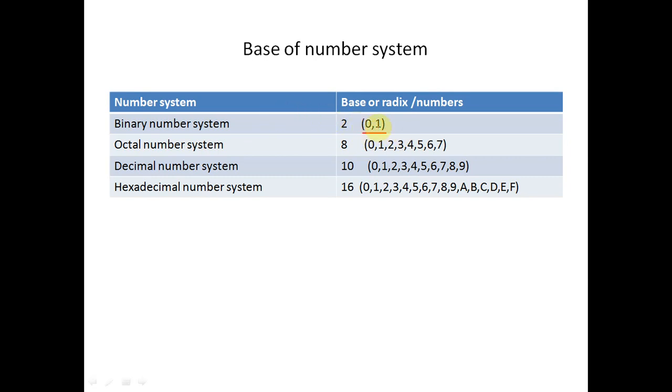So only 2 values are present. So base of binary number system is 2. As for the octal number system, as the name itself indicates, octal is nothing but 8. So base of this number system is 8, and in this number system only 0 to 7 numbers are present.